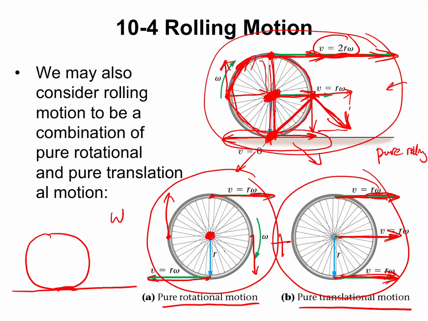That happens in a lot of motion, and it's very hard to make a true point contact with the ground. You always have a surface contact with some sliding. If you don't have sliding on the surface, then it's pure rolling. If you have slide on the surface, it is not pure rolling.